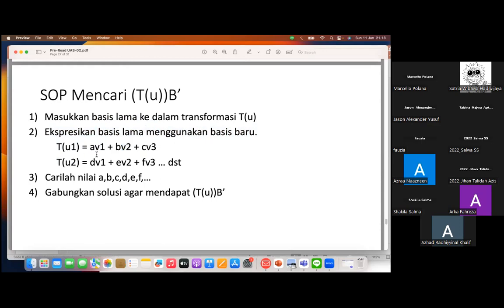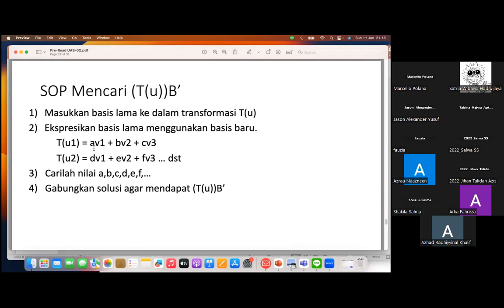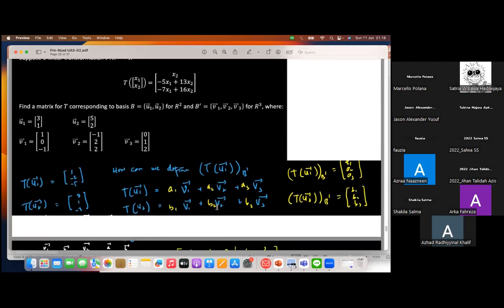U1, U2, and U3 and so on is the old one. Okay. Then we find the value of A, B, C, D, E, F, etc. Then if we have the values, we can combine them to get a solution of this T. Now this is the example shown.